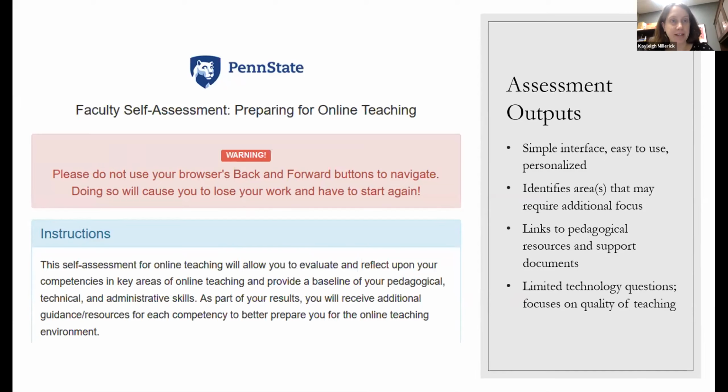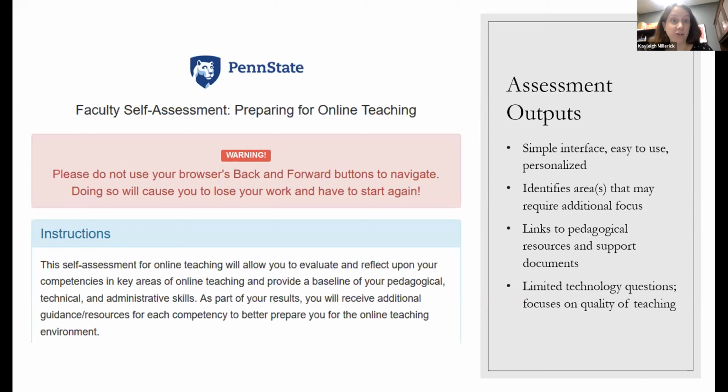And what I determined is that Penn State University had come up with a faculty self-assessment prior to the COVID-19 pandemic, that following the COVID-19 pandemic, when many instructors who had never considered transitioning to online all of a sudden were forced online, a lot of institutions across the country are strongly advocating for the Penn State faculty self-assessment.